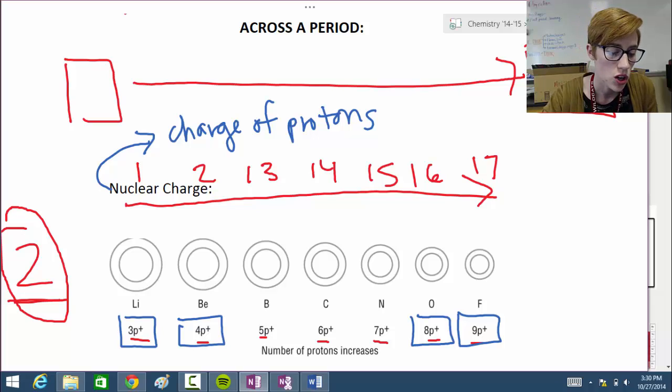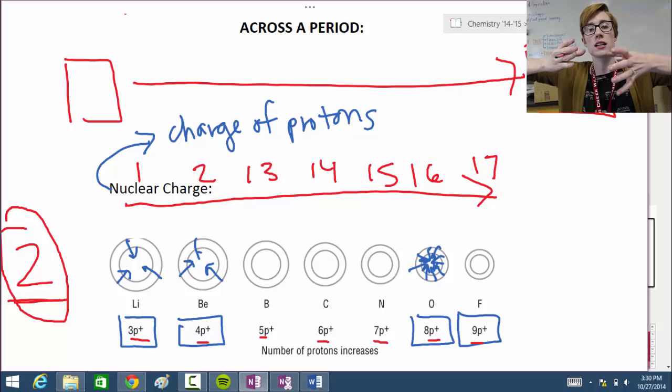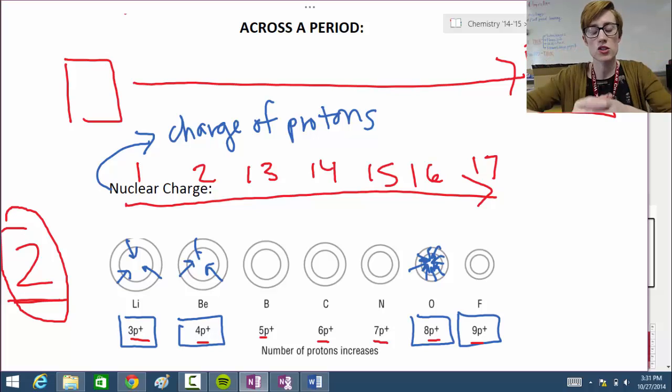So the nuclear charge is what pulls the electrons towards the nucleus, that keeps them in there. The pull, as we go from left to right, gets much stronger because there's a much higher positive force pulling in the electrons. So oxygen has a lot more force pulling in its electrons than lithium or beryllium do.